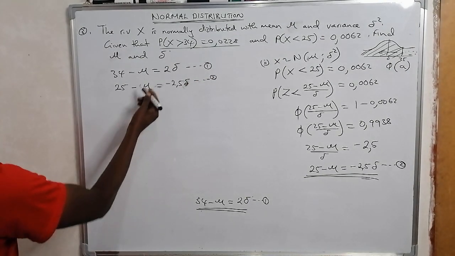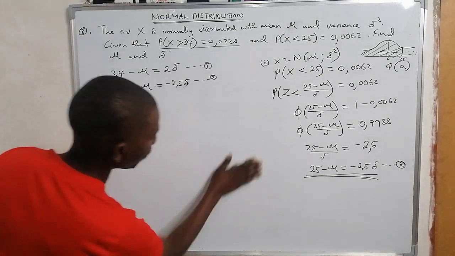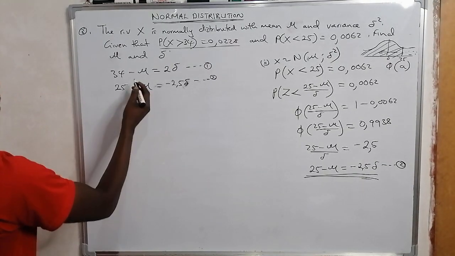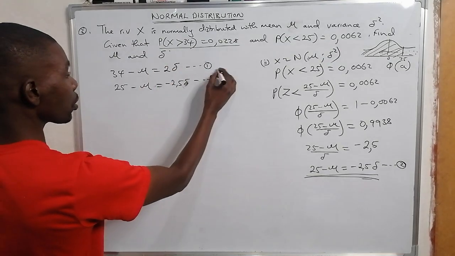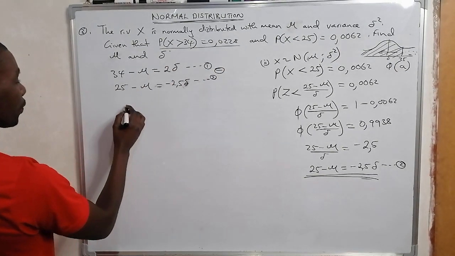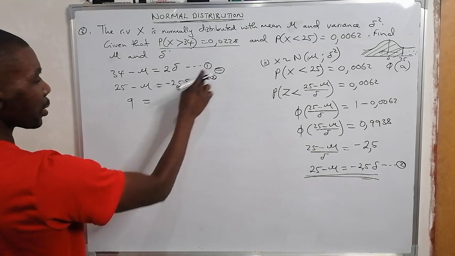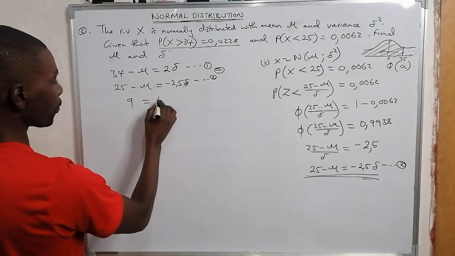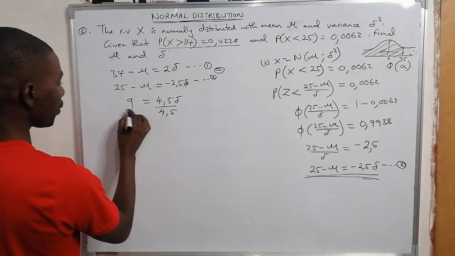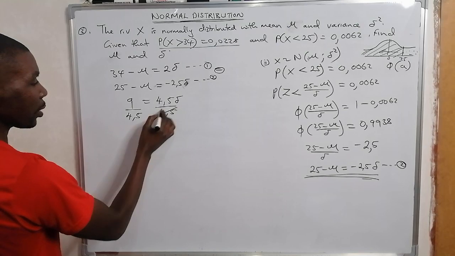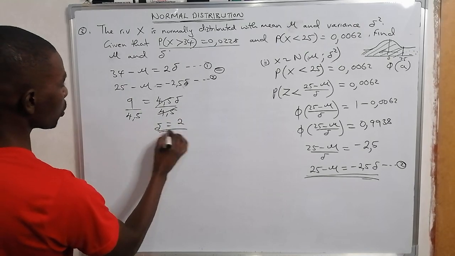So here we want to eliminate our mu first. If the signs are the same, we are going to subtract. 34 minus 25, that will be 9, equals 2 minus -2.5, that's 4.5 sigma. Divided by 4.5 both sides, we get our sigma as 2, since 4.5 into 9 goes 2 times.